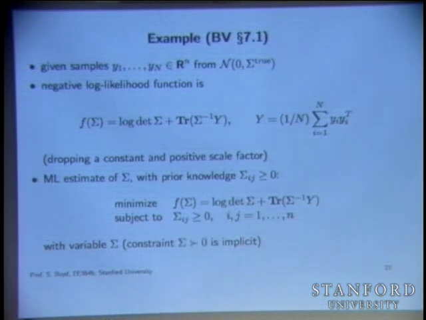Suppose I told you that all the variables are non-negatively correlated. There are no negative correlations. So that's this, and this is not preserved under inversion. So the set of matrices whose inverses are non-negative is not convex. Okay. So that leads us to this problem here, and we have a convex part and we have a concave part.